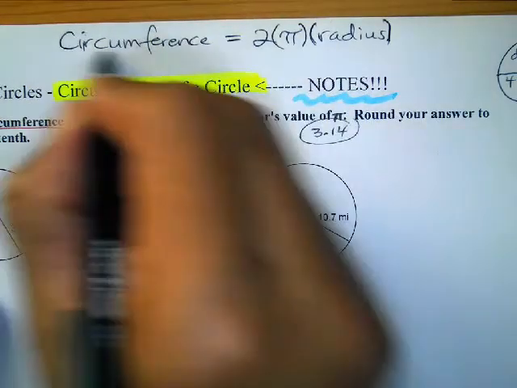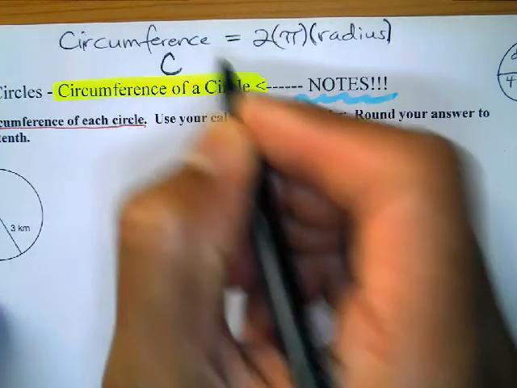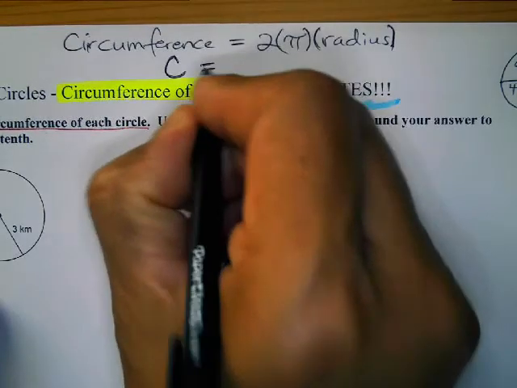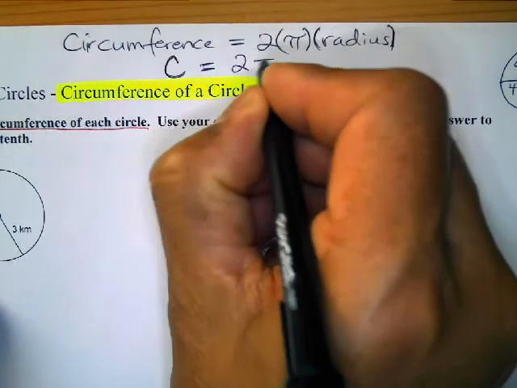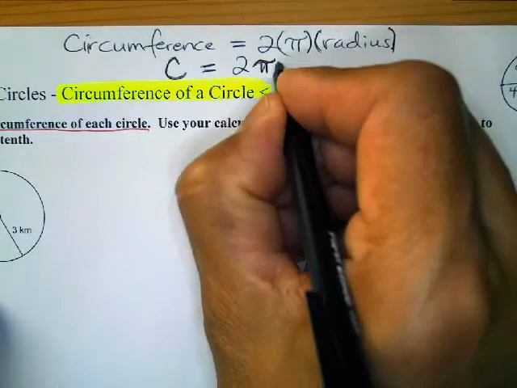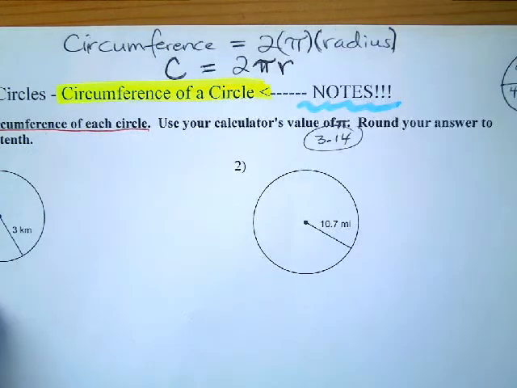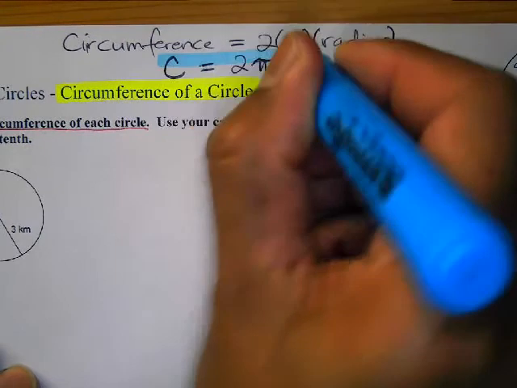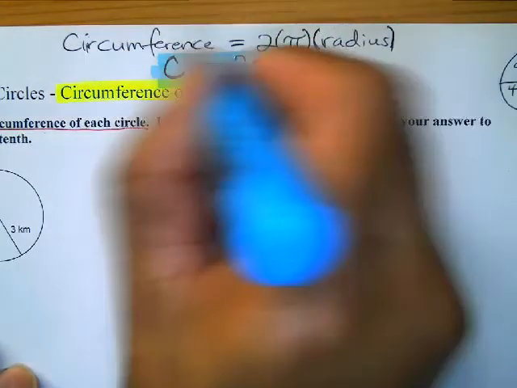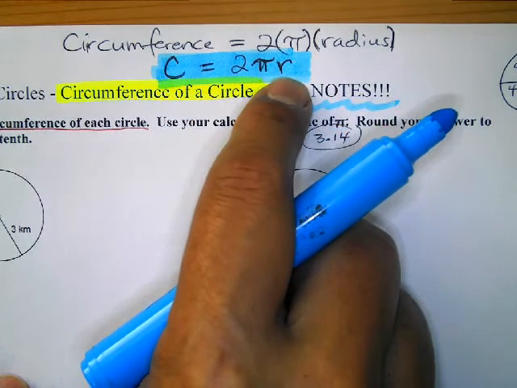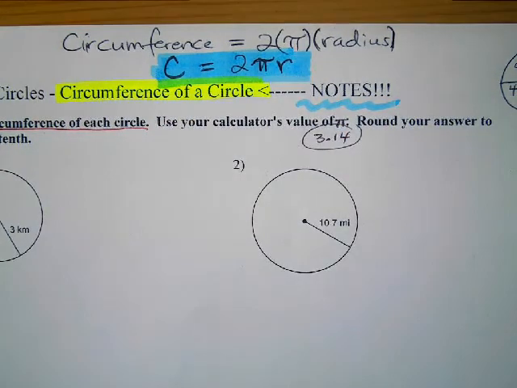Instead of writing the whole word circumference, we're just going to write C. Here's the formula you're going to use: C, for circumference, is equal to 2 times pi times R, with the letter R for radius. Circumference is 2 times pi times the radius of the circle. That's all you've got to do. There's another way to do it, but I'm just going to stick to this way.